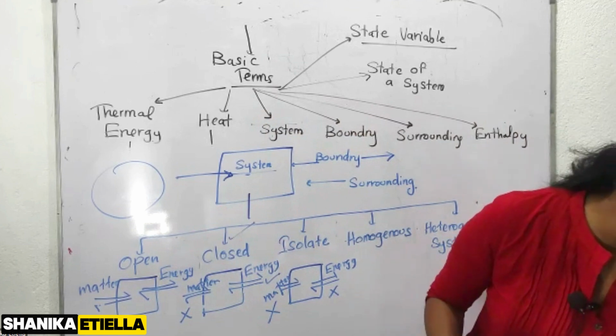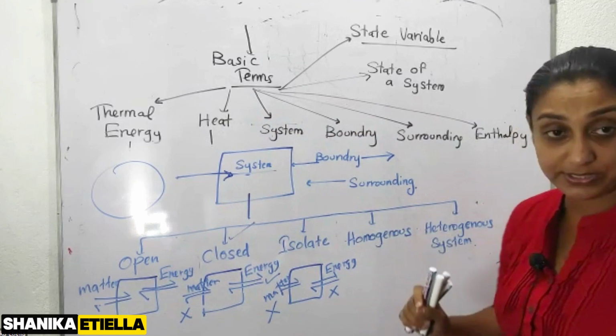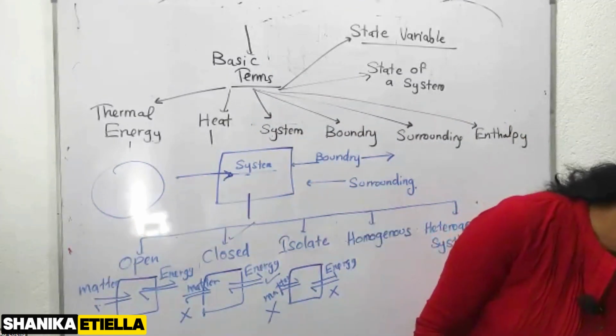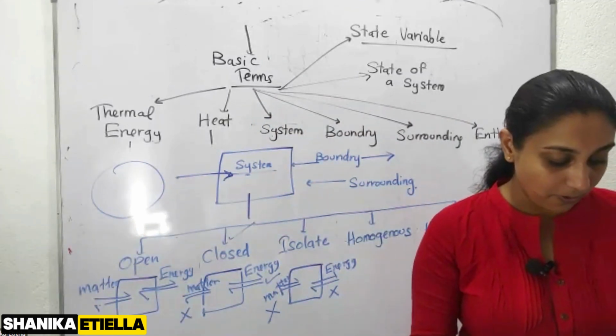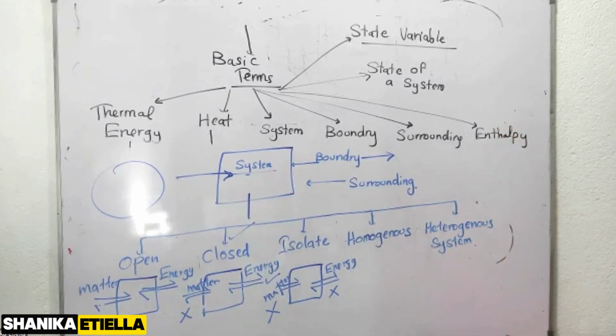Okay, then write down under the homogeneous system and heterogeneous system. First, under homogeneous system: physical state of all its matter is uniform.